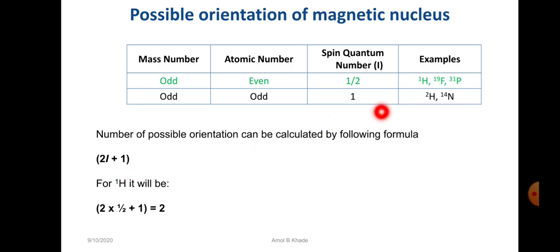So for H1 we can easily find out with this formula the possible orientations. Here 2 into I, which is half, plus 1, comes to 2. That means the nucleus of the proton under the influence of an external magnetic field can adopt two possible orientations. So what are those two possible orientations? One is a ground state and the other is an excited state.